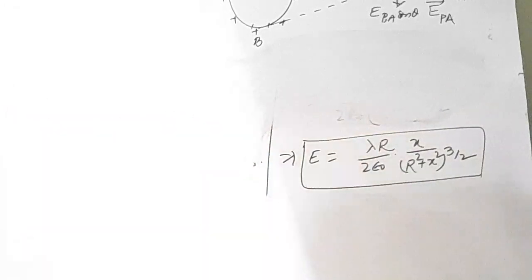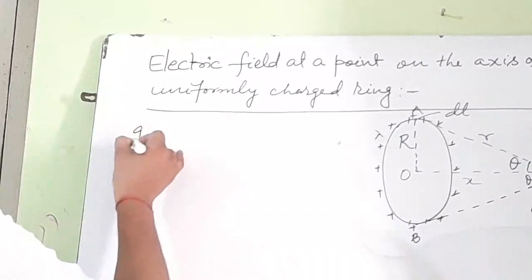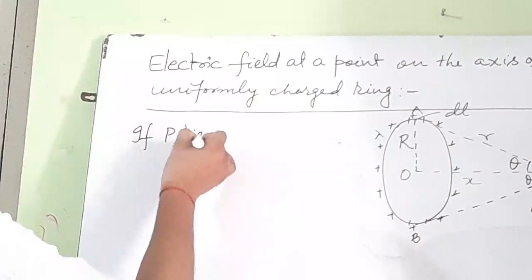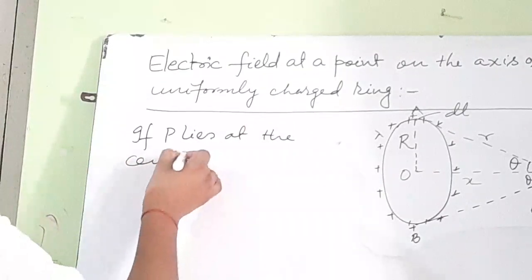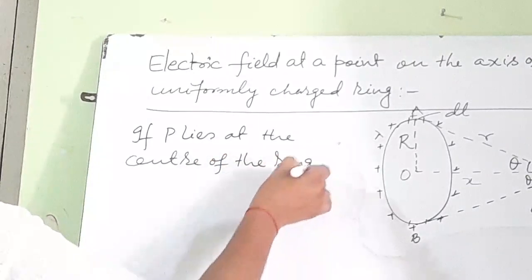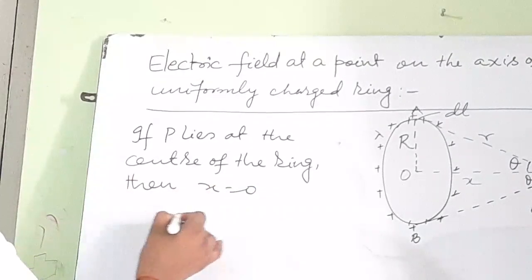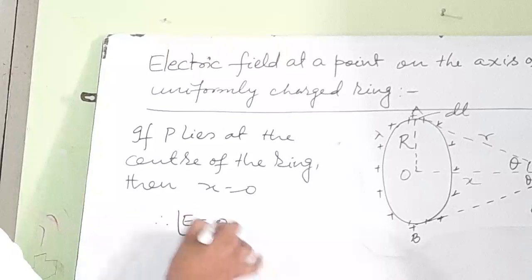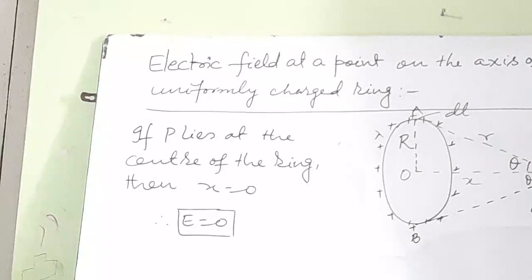So at the center of the ring, means if P lies at the center of the ring, then x is equal to 0 and therefore E is equal to 0, means net electric field at the center of a uniformly charged circular ring is 0.